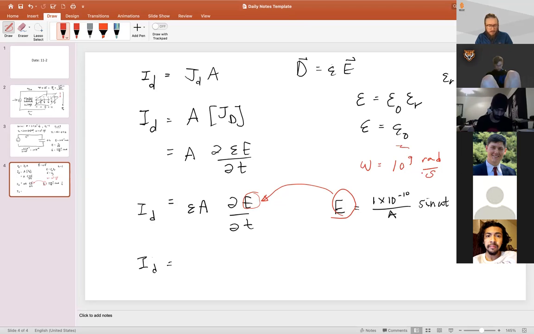I got 1 times 10 to the negative 10 e omega cosine omega t. I think you can simplify it a little bit more, because we know what this is, and we know what the omega is.